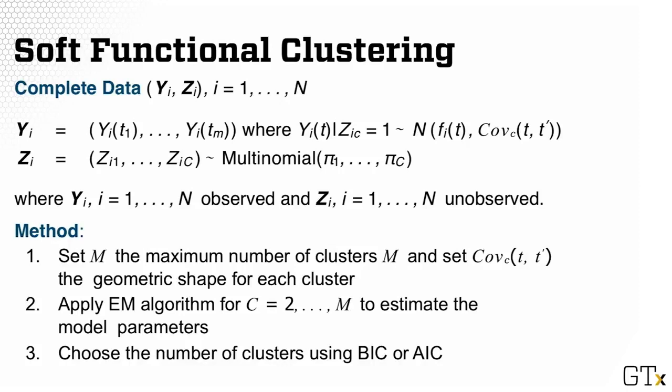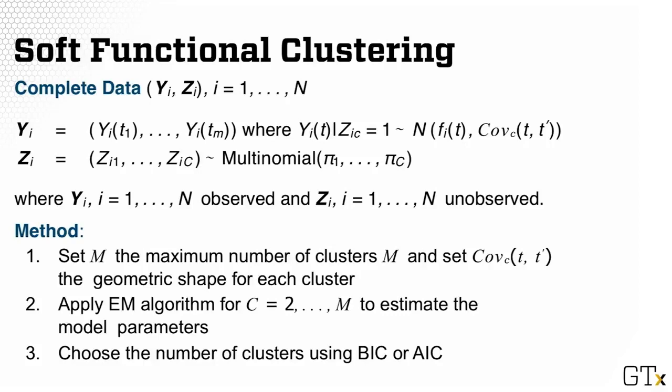Ideally, we would have the complete distribution, both the y_i and z_i, but we do not observe z, and thus we'll need to impute the cluster membership z while also estimating the mean cluster patterns of each cluster. To do so, we return to the maximum likelihood approach, but this time we use the so-called expectation maximization algorithm, which iterates over two steps.